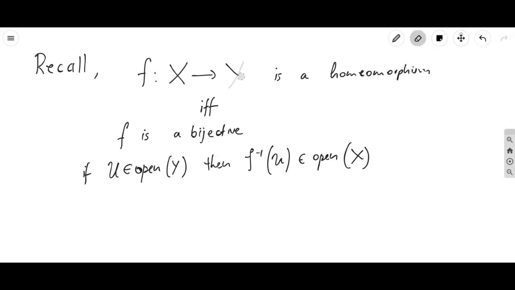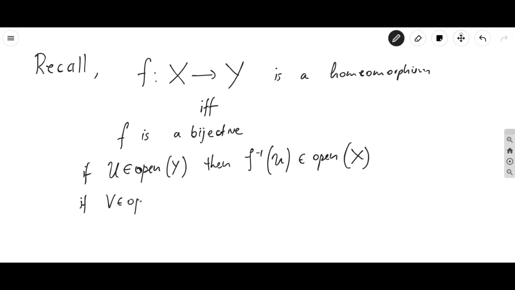That's the definition of continuity in a topological sense, that if you take something open here and you pull it back, you get something open over here. But the other requirement is that F is an open map, that it sends an open set to an open set in the forward direction.